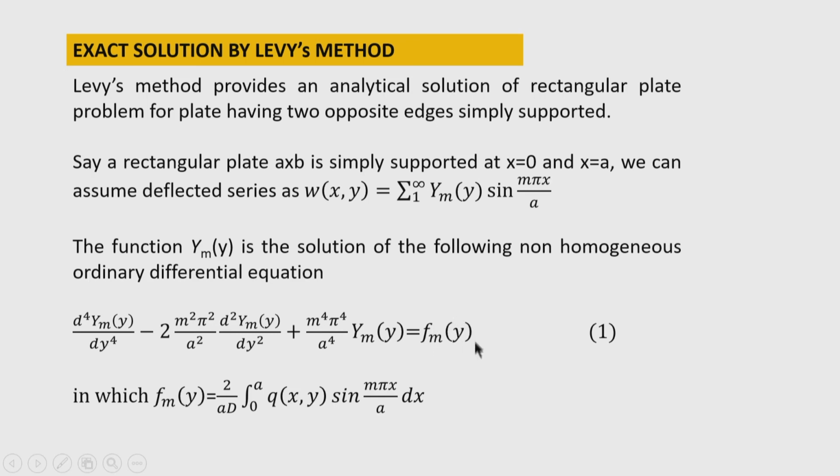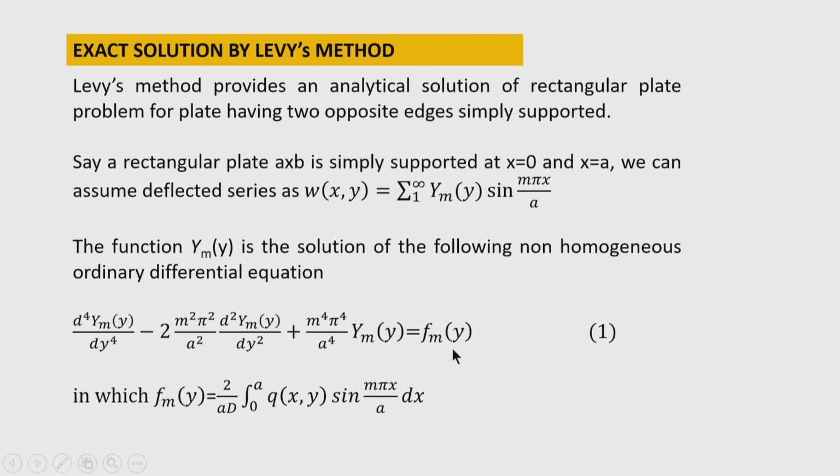How this function is produced can be understood when I substitute this function into the original differential equation, multiply both sides by sin m dash pi x by a, and then use the orthogonality condition of the sine function. We arrive at this differential equation with a non-homogeneous term, which becomes a function of y.